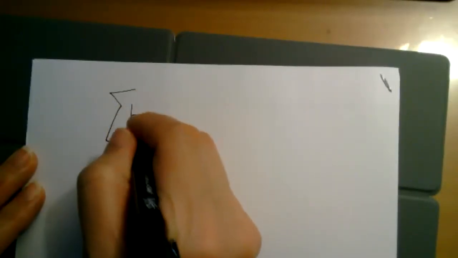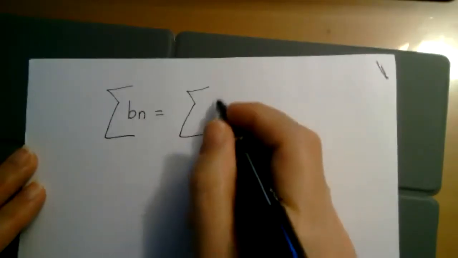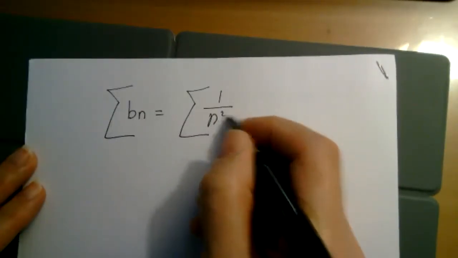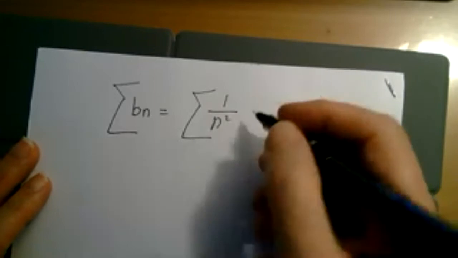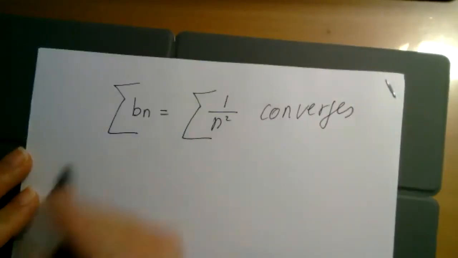So let me sum this up into words. Now, Sigma Bn, which is sigma 1 over n squared, converges because it's a P series.